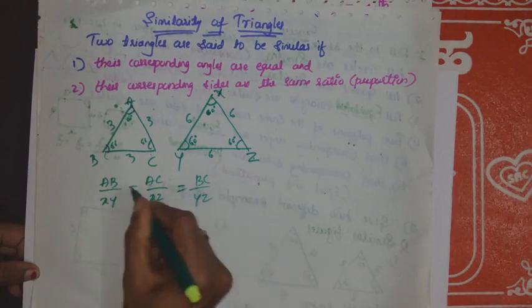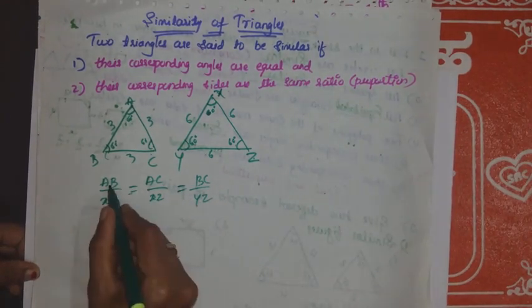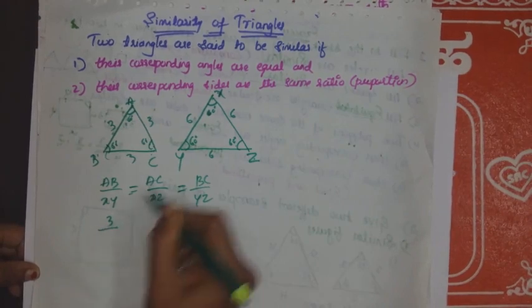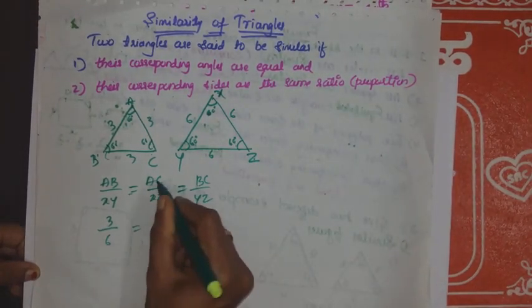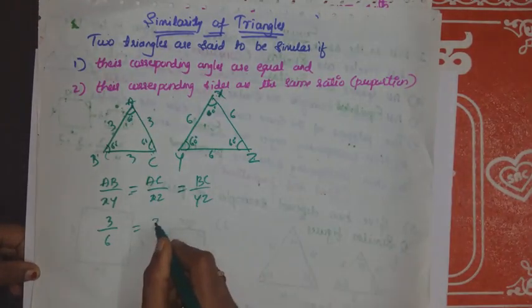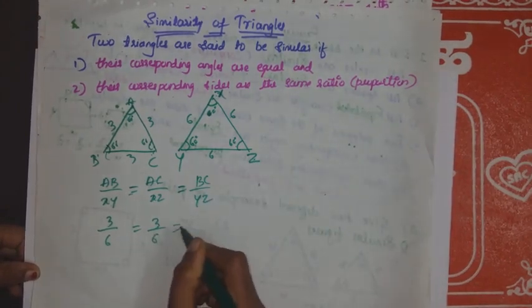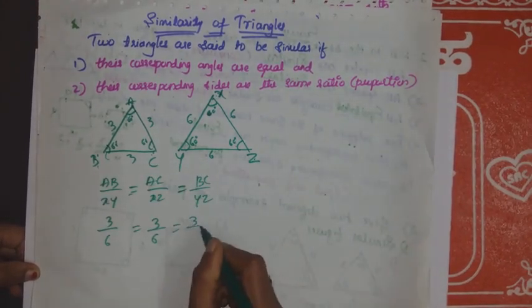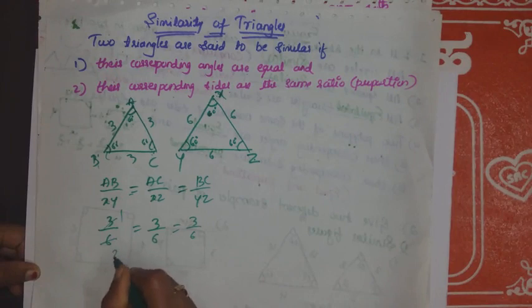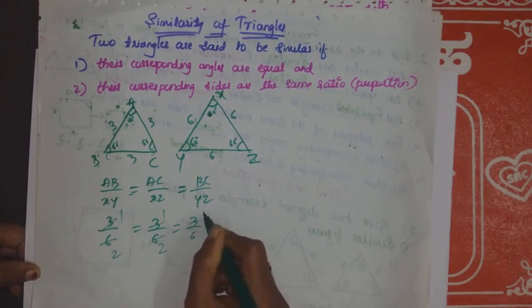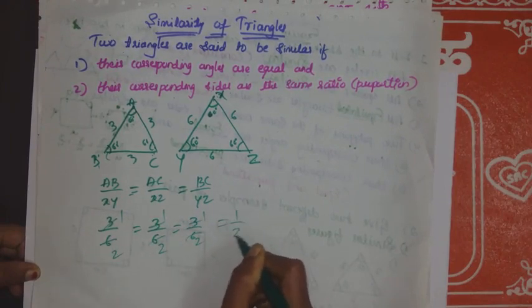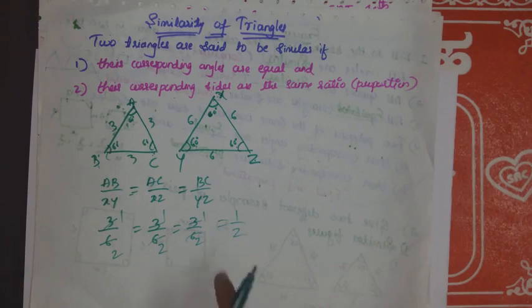AB is 3, XY is 6, AC is 3, XZ is 6, BC is 3, YZ is 6. So this is 3 by 6, which is 1 by 2, 1 by 2, 1 by 2. So they are in the same proportion. That's why these two triangles are said to be similar.